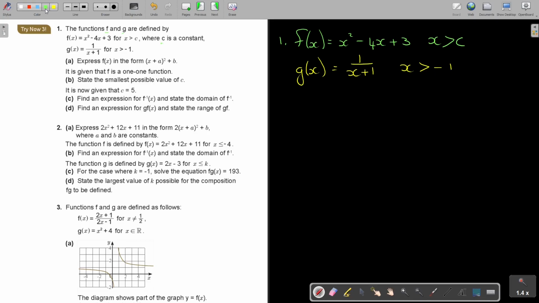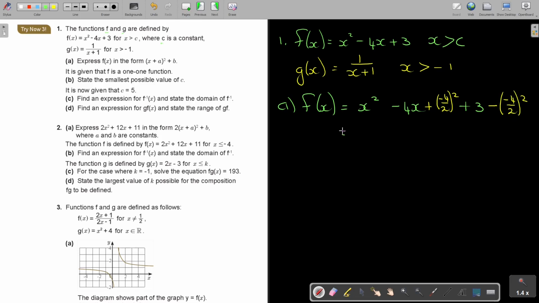Now, if they say just in the form, you can do it like this. It's fine if you write it in function notation and then say x squared minus 4x. Now, I always like to write the 3, and then I'm going to show you. So plus, you say negative 4 over 2, and you square, minus, whatever you add, you subtract, negative 4 over 2, squared.